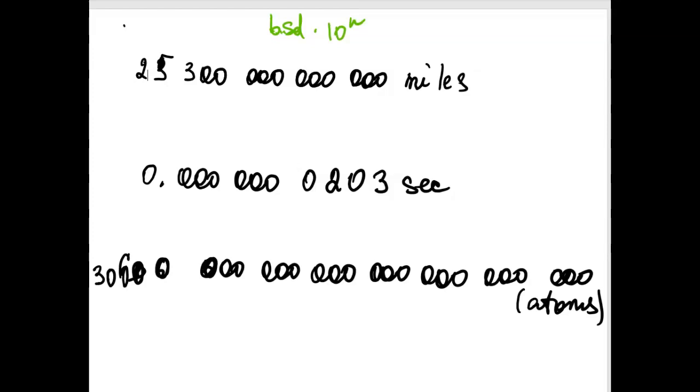If it's not shown, it is at the end. So our decimal point is here. And what I'm going to do is move this decimal point to the left.